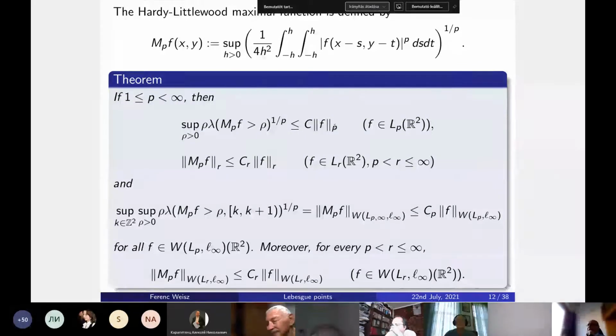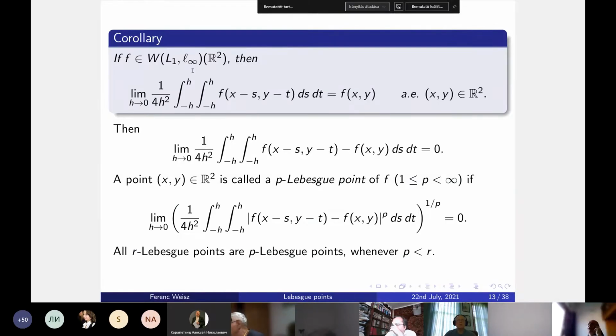The largest space on the right-hand side is the space W(L_1, L infinity), so if p is equal to 1. Using this theorem for p equal to 1, we get the next convergence result. If f is in this larger space, W(L_1, L infinity), then the limit of this expression is equal to f of xy for almost every xy.